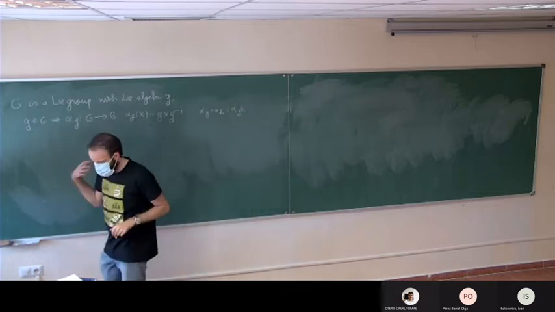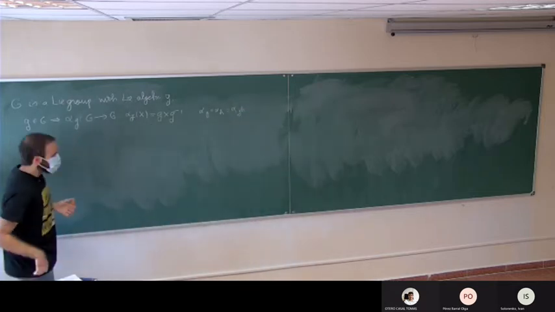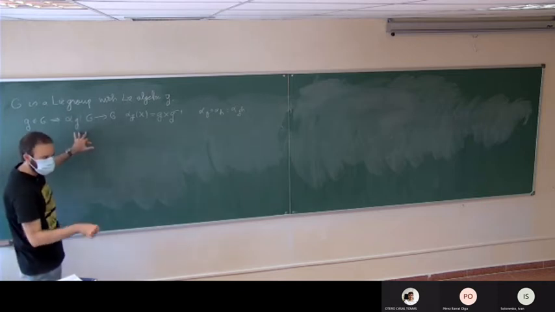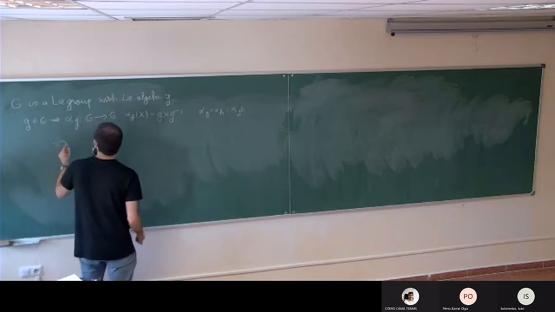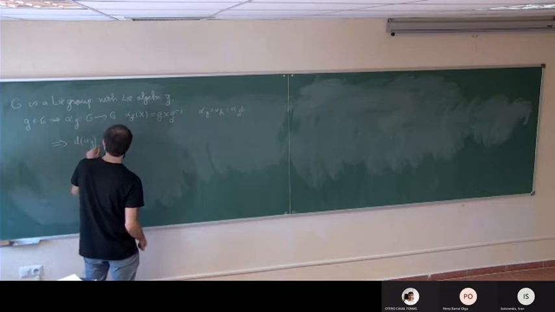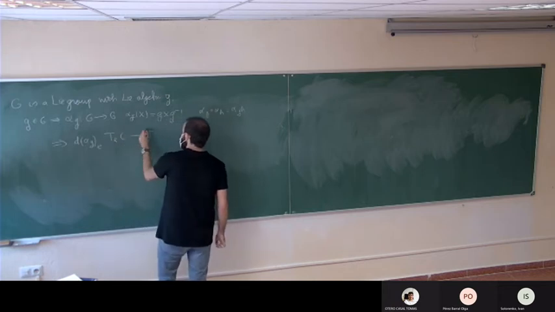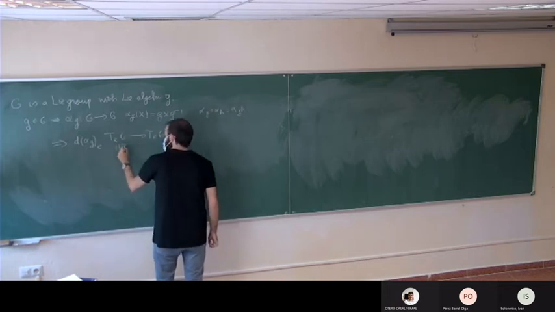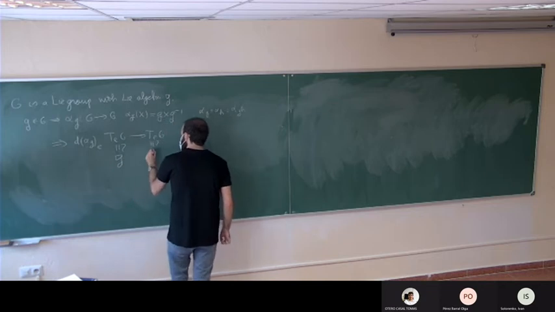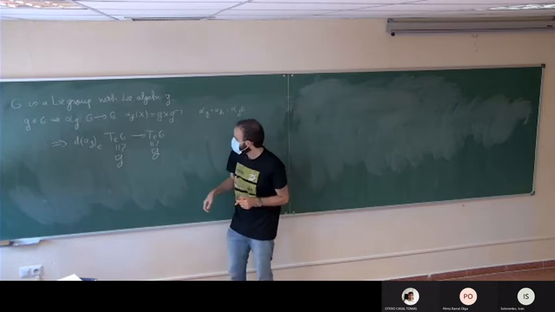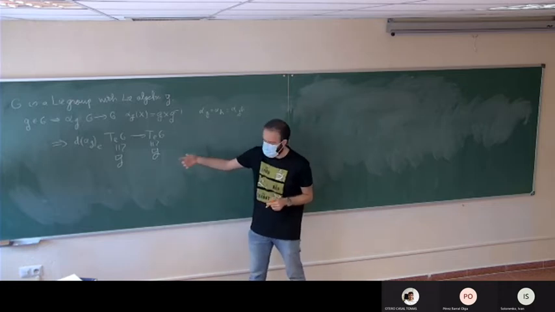So this is a homomorphism from the Lie group G to the group of automorphisms of G. So since alpha g is an automorphism of the Lie group, if we take the derivative, which let's define as d alpha g at the identity element, this would go from the tangent space of G to itself, but we already know that this is equal to the Lie algebra of G. And this is a Lie algebra homomorphism whose inverse is the derivative of alpha g inverse. So this is, again, an automorphism, but of Lie algebras.